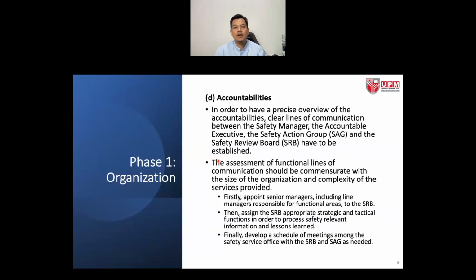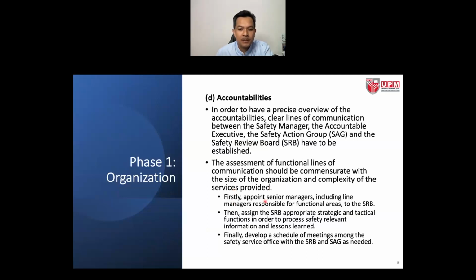And then we move into accountabilities. In order to have a precise overview of the accountabilities, clear lines of communication between the safety manager, the accountable executive, the safety action group, and the safety review board have to be established. The assessment of functional lines of communication should be commensurate with the size of the organization and complexity of the services provided.